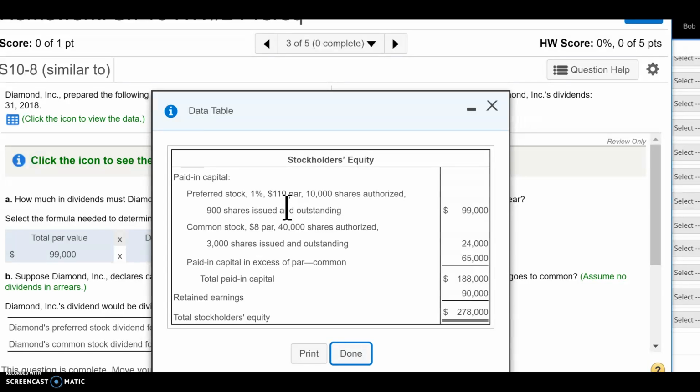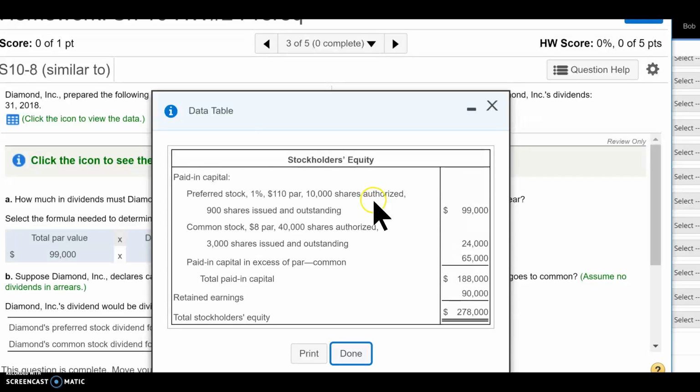So what is that? $1.10 a share times 900 shares, 99,000. So my par value is 99,000.